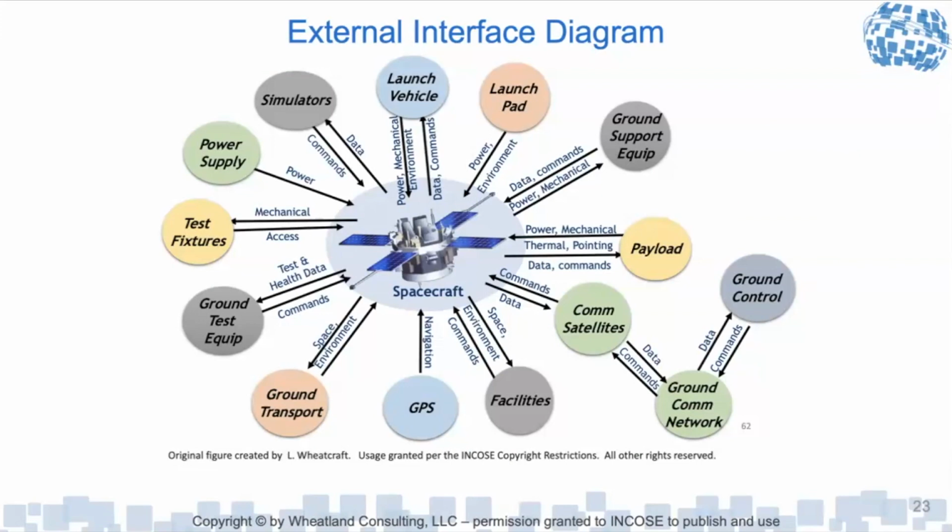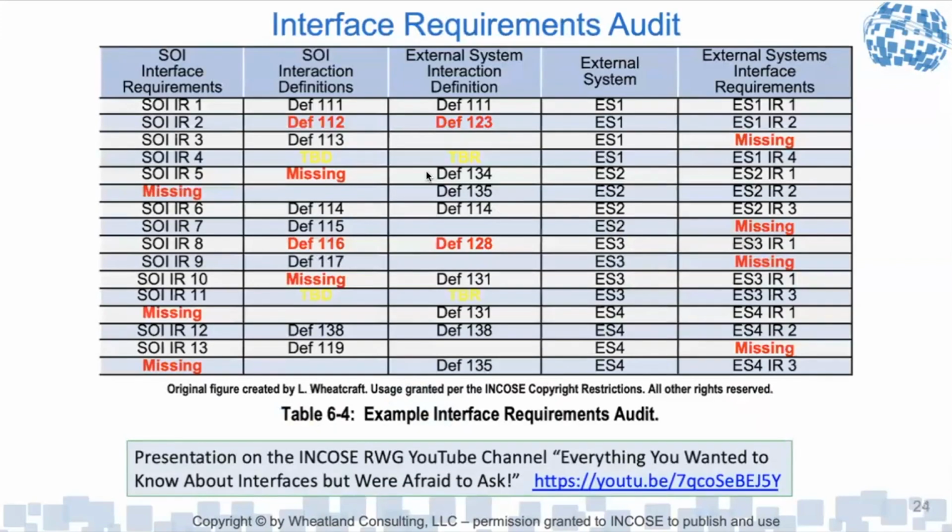One thing that's interesting is the interface requirements audit, where you take your system of interest interface requirements, the definition they point to, the external system interaction definition, and then the external system interface requirements. And when you do this interface audit, you'll find there's a problem in that my requirement is pointing to definition 112, but the other system's pointing to a different definition.